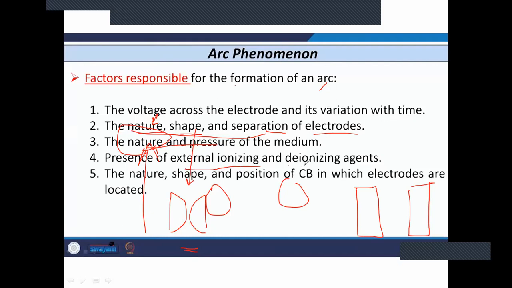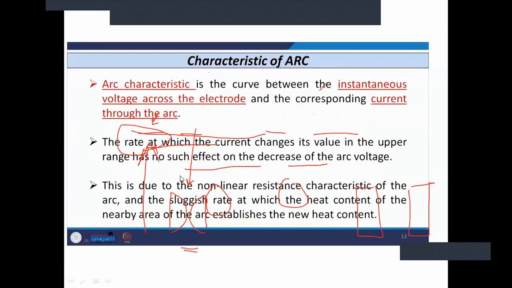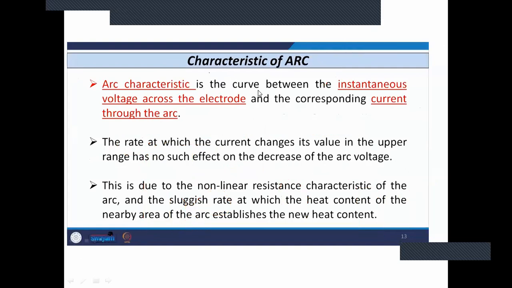Conversely, the greater the deionizing agent, the lower the chance of arcing. The nature, shape, and position of the circuit breaker in which the electrodes are located also depend on these parameters as well.